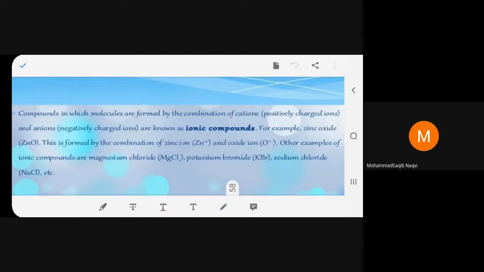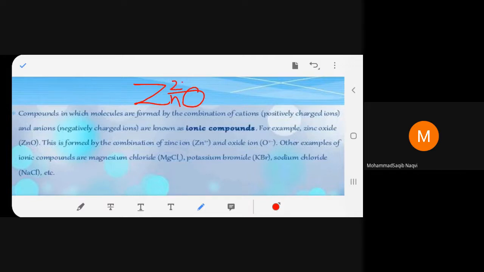Now let's take zinc oxide. How is it made? 2 plus and 2 minus. Remember always, this has to be cancelled. 2 plus and 2 minus gets cancelled. So it becomes ZnO. Remember that. Because any compound you make has to be neutral.